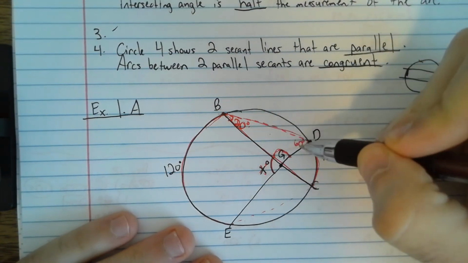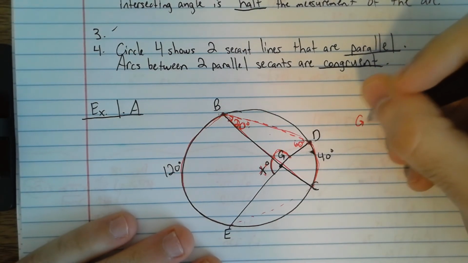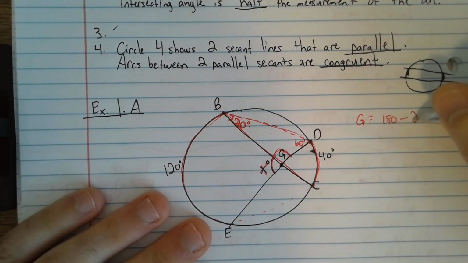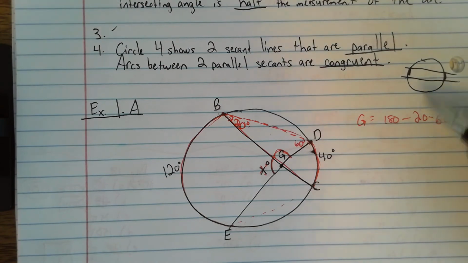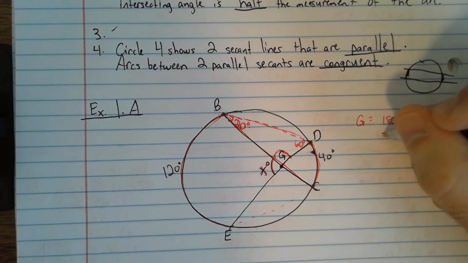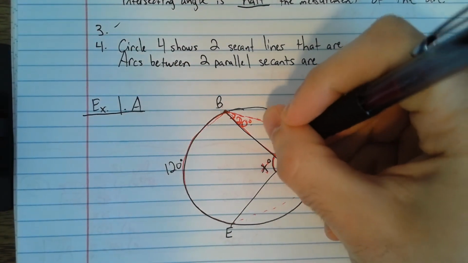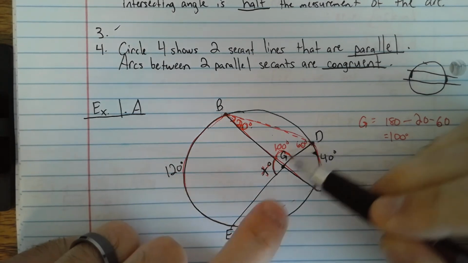So this is 20, this is 60. Angle G is going to be 180, which is the total, minus 20, minus 60. 180 minus 20 minus 60 is equal to 100 degrees. So this is 100 degrees. We have a triangle that's got 100, 20, and 60.